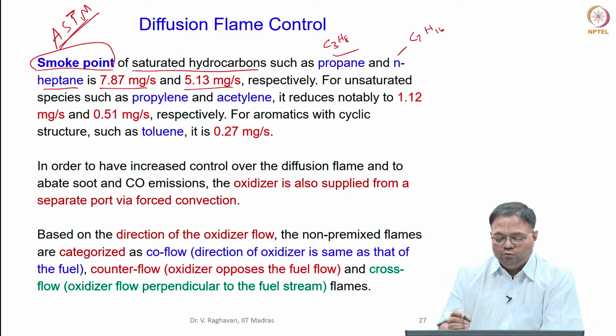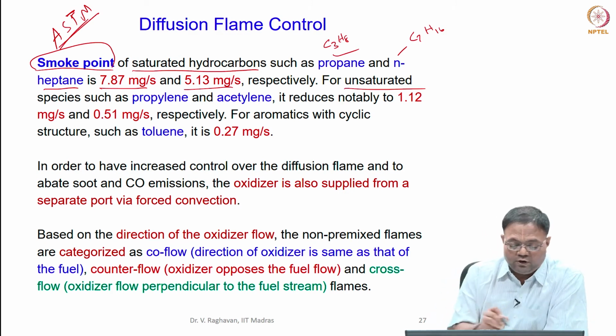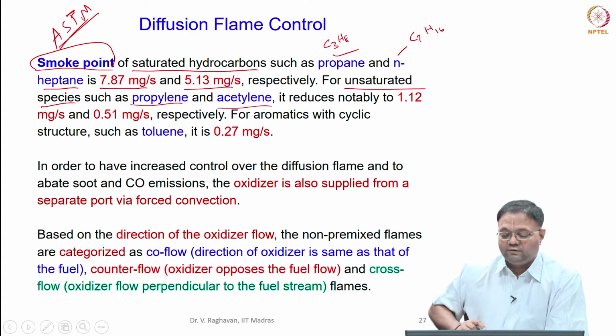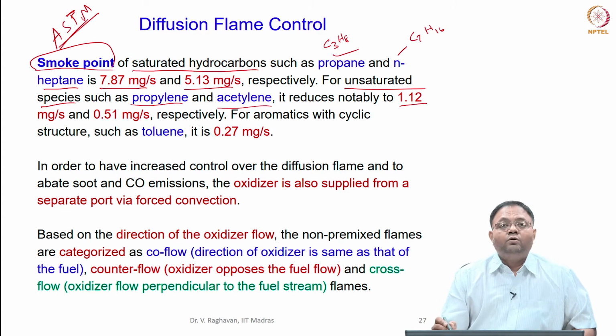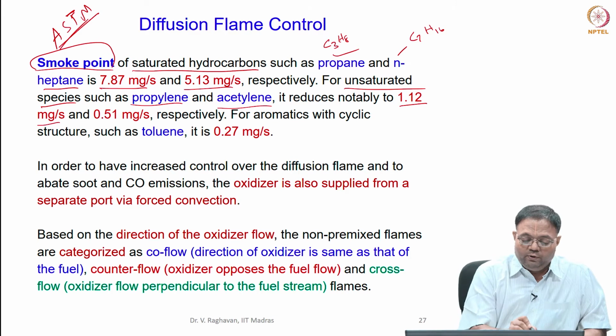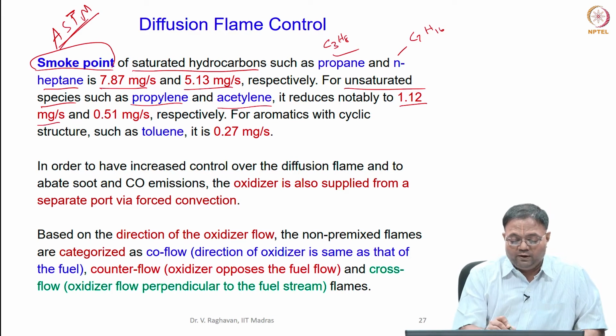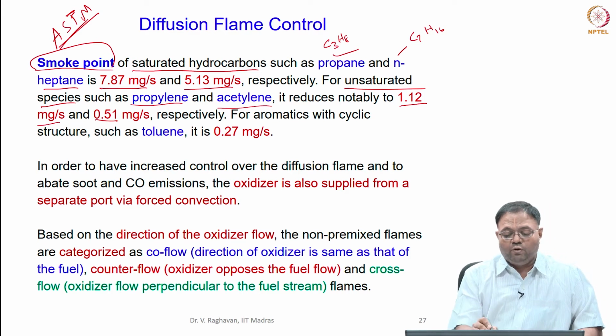Because, relatively, on the other hand, if I take unsaturated hydrocarbons like propylene, acetylene, etc., you can see that a lower flow rate itself will reach the smoke point: 1.12 milligram per second for propylene and 0.51 for acetylene.